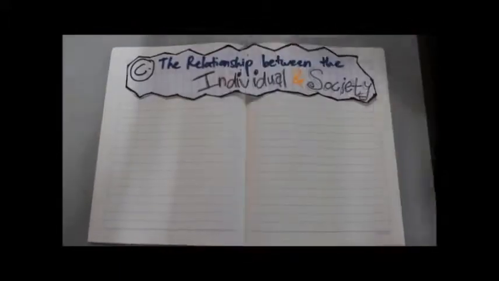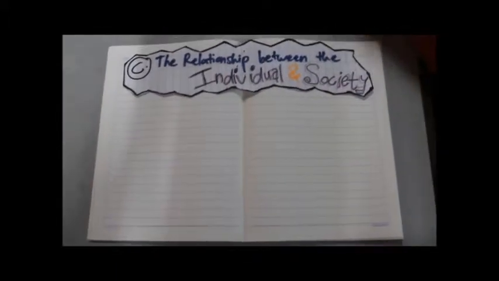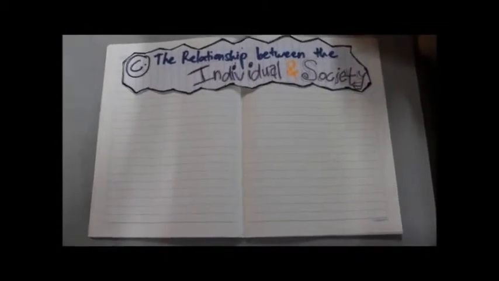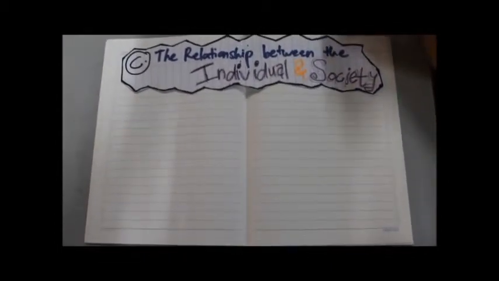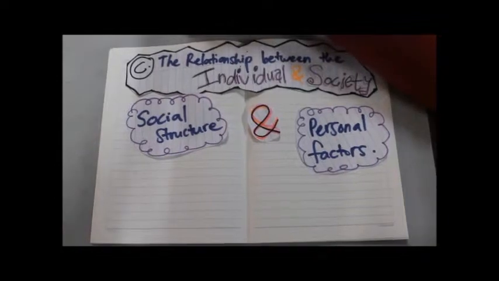And the third theme for this theory is the relationship between the individual and society. Symbolic interaction theory is a comprehensive sociological theory that recognizes that both social structural and personal factors influence behavior.